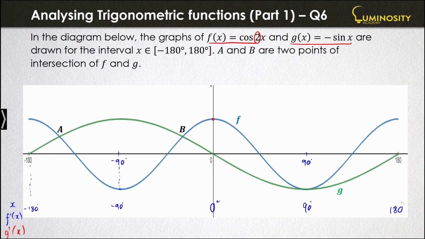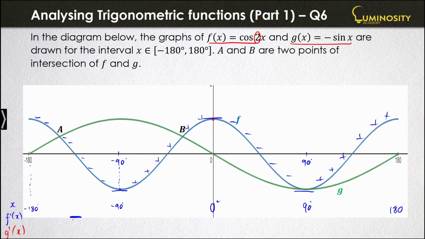Okay, so now let's test what's happening to the graphs. For f of x, the blue graph, it's decreasing, it reaches a turning point, then it increases, reaches a turning point, starts to decrease again, reaches a turning point, and then begins to increase again. So what does that mean? Between negative 180 and negative 90, the graph is decreasing, so f prime x, the gradients of the tangent lines, is going to be negative there.